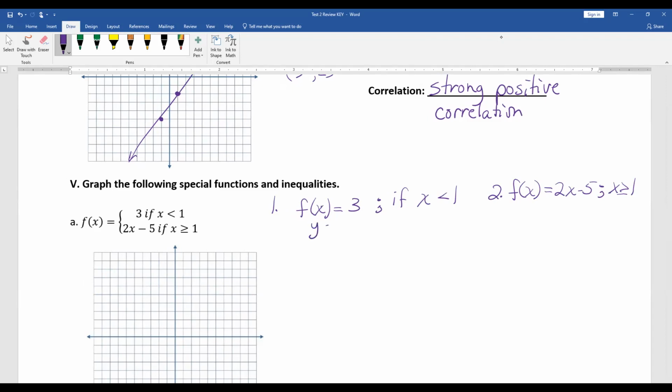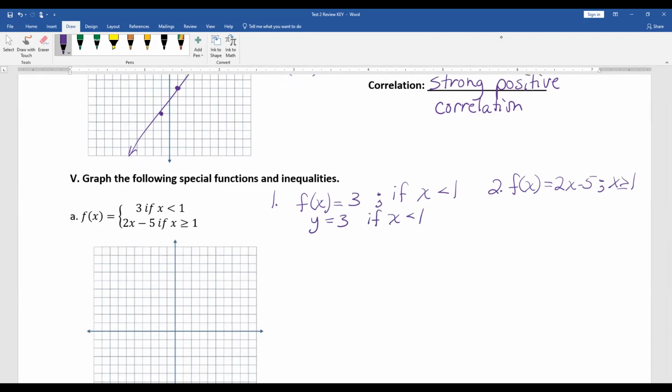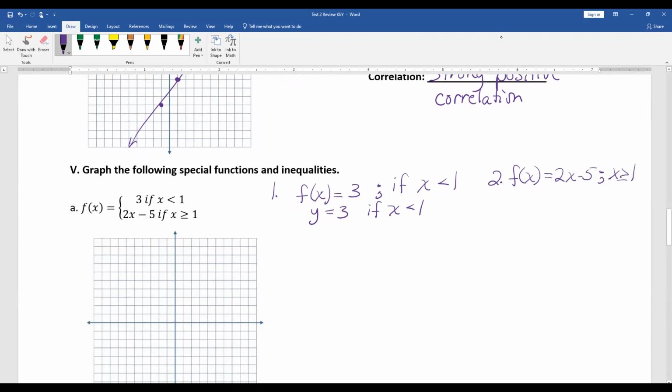Y. So this is the same thing as y equals 3 if x is less than 1. So the y equals 3 means we have what kind of line? We have a straight horizontal line. But where is that line going to start? Which x value does it start at?